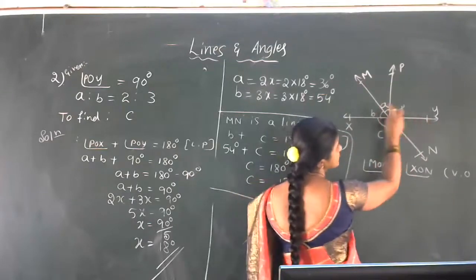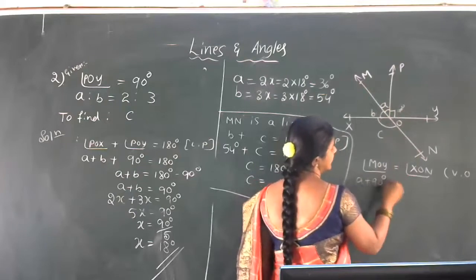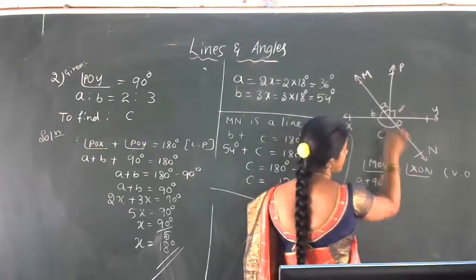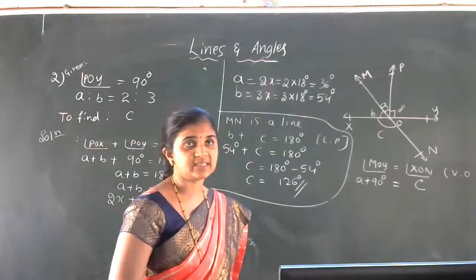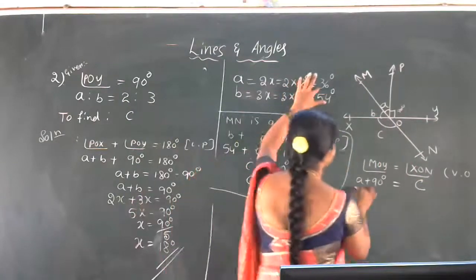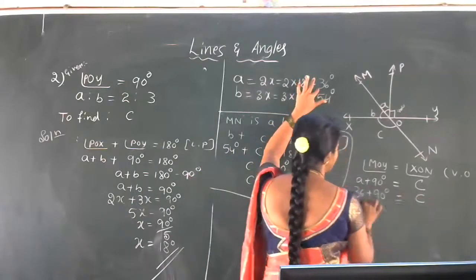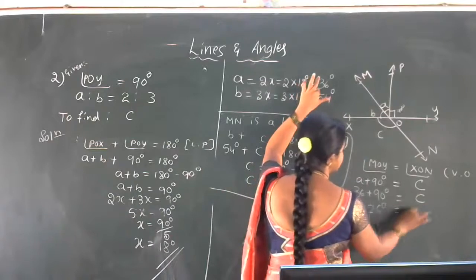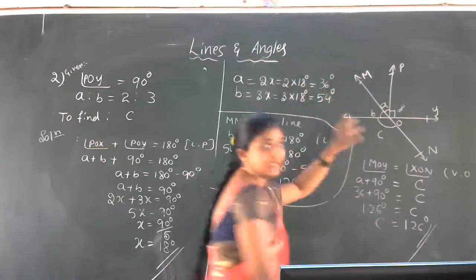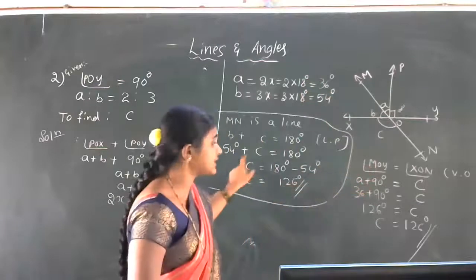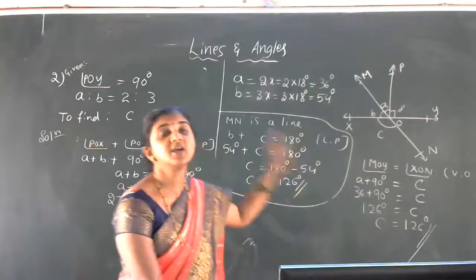MOY is the sum of A plus 90 degree, which is equal to XON, which is named as C. Now the A value is 36 plus 90 degree, which is equal to C. That is 126 is equal to C. So any one method, either this method or this method, you can choose. That is your choice. Both are right.